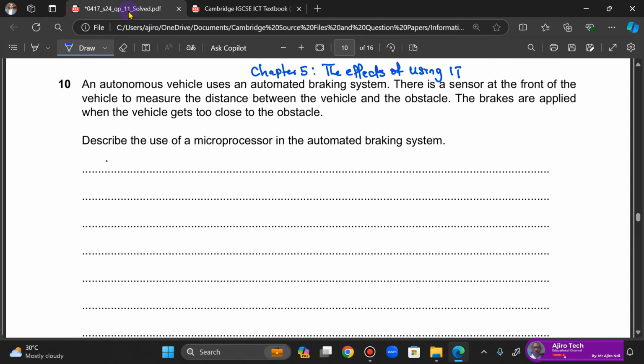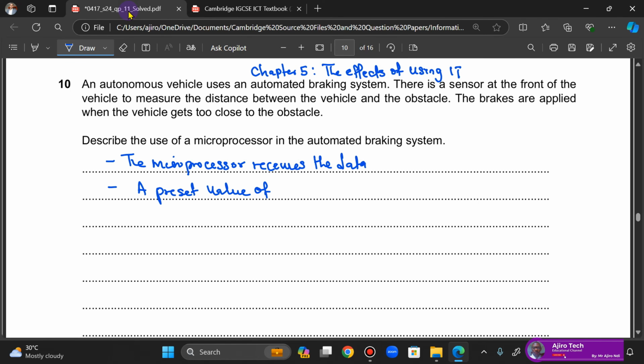Okay, so what happens there is that the microprocessor would receive the data. Now a preset value of the distance.